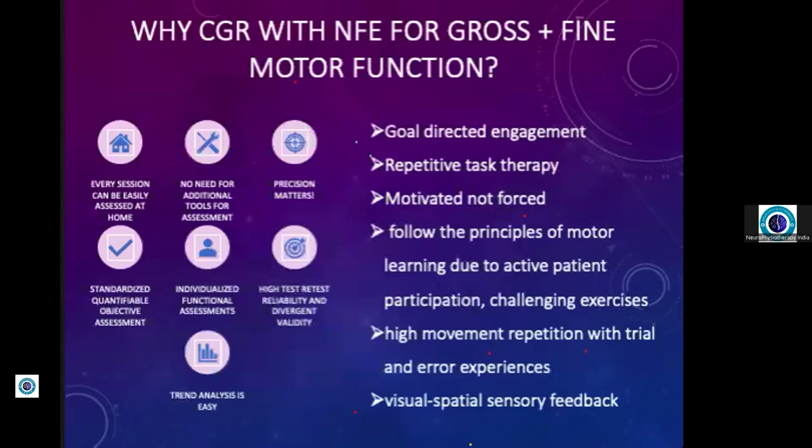So then why, at the end of the day, choose commercial games with assessment protocols for therapy? What we have understood is, if we understand the therapeutic value of these therapy protocols, the therapeutic objects as well as games, then it can really help the therapist to prescribe individualized programs for their patients.